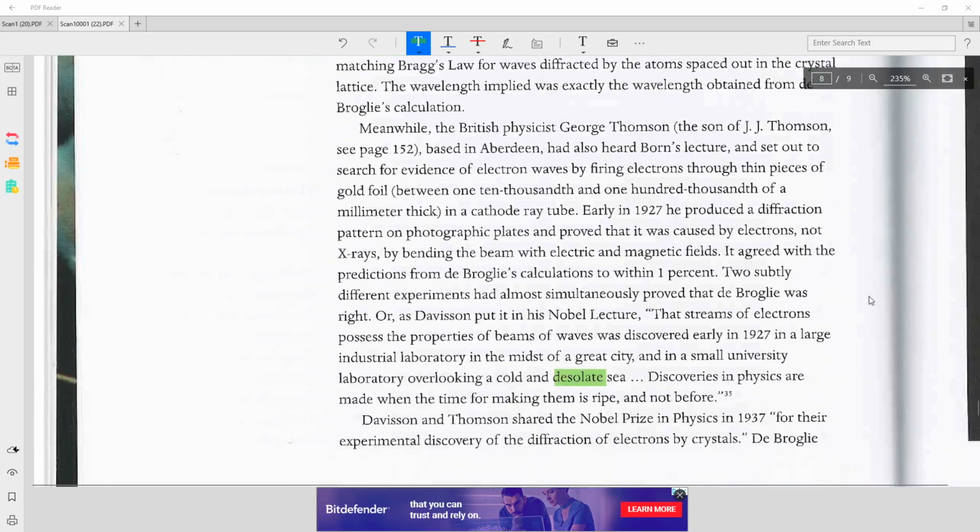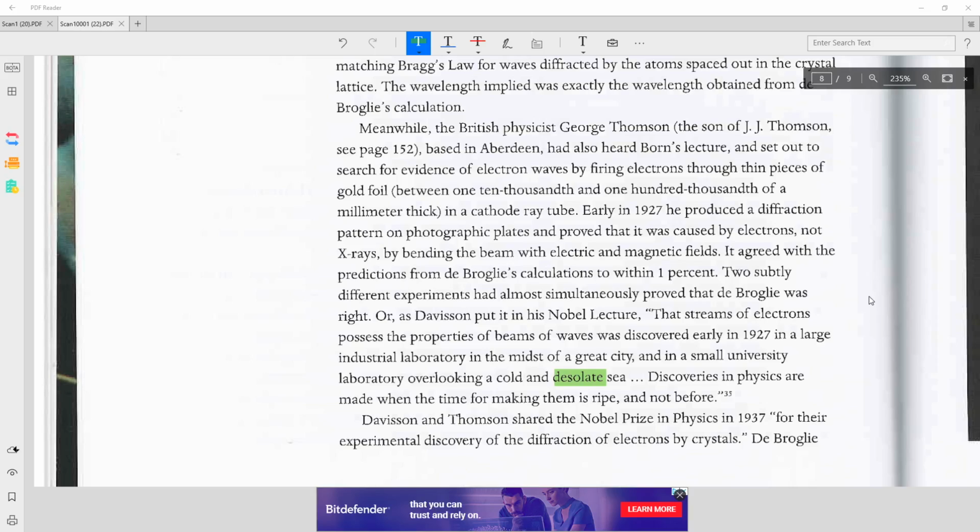Meanwhile, the British physicist George Thomson, the son of J.J. Thomson, based in Aberdeen, had also heard Born's lecture and set out to search for evidence of electron waves by firing electrons through thin pieces of gold foil, between 1/10,000th and 1/100,000th of a millimeter thick, in a cathode ray tube.